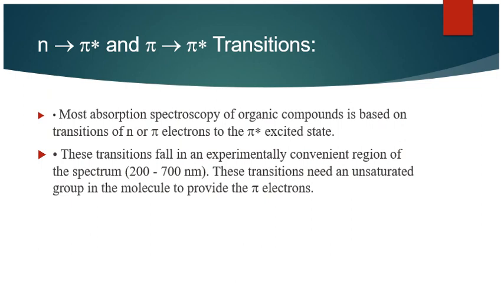Actually, these transitions have a concise rule. Suppose the two orbitals have a particular and fixed energy difference. Then only photons with energy equal to this energy difference will be absorbed.